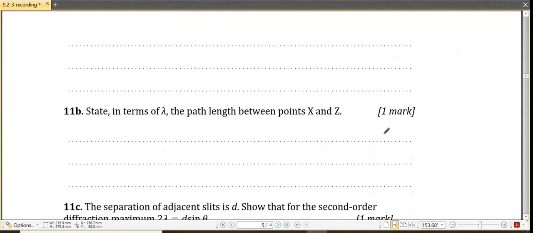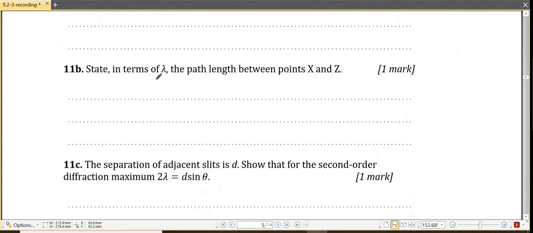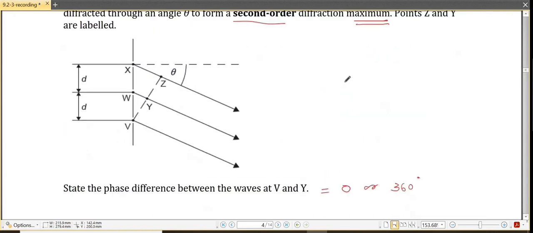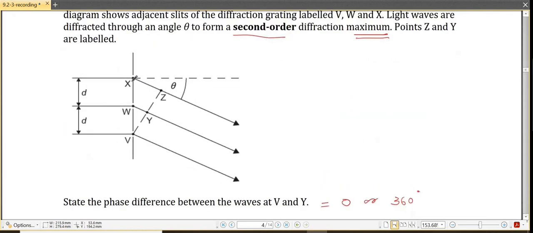Moving on. State in terms of lambda the path length between X and Z. Where is X? X is here, and this is Z. It is forming a second order diffraction.